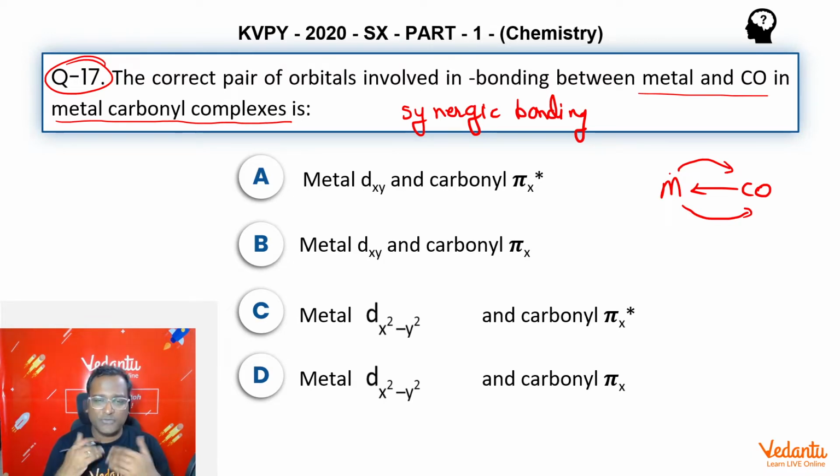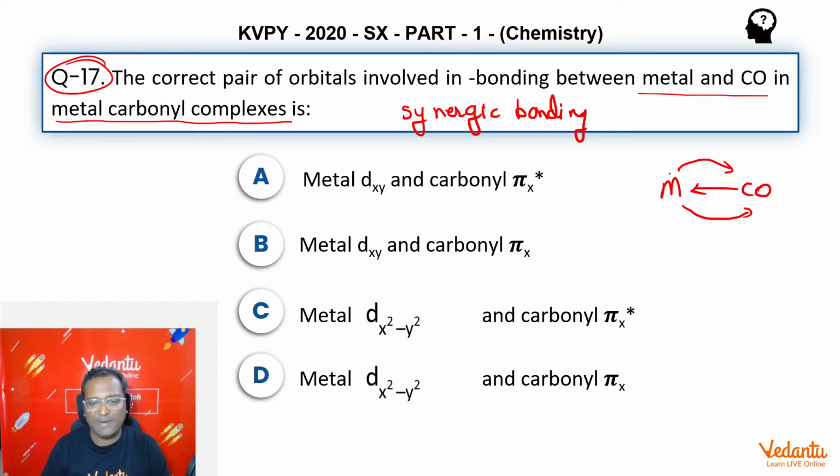First things first, guys, there are two ways to solve this question. One by using logic, by analytics, and the other is if you know the theory behind it. First of all, let's solve by the analytics. Essentially, that is the theory that we are supposed to know behind synergic bonding.